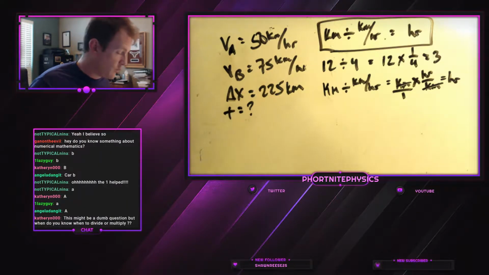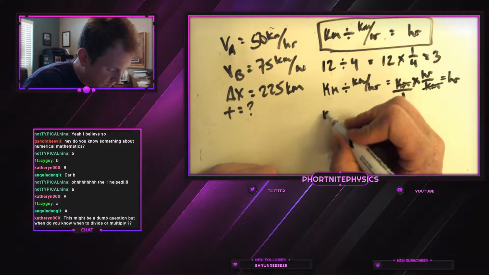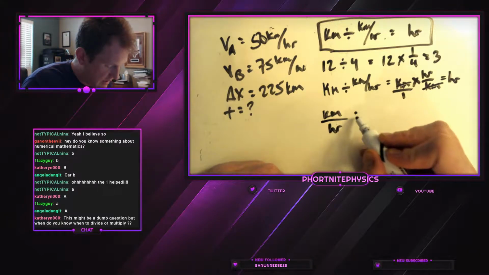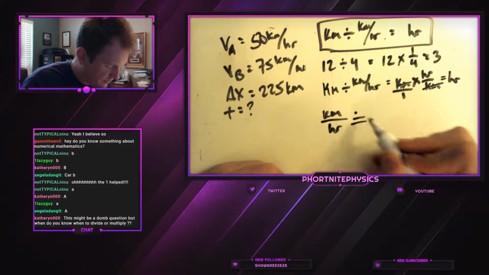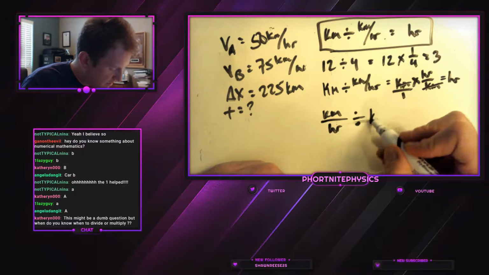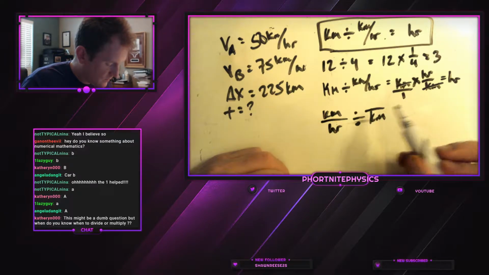Now, what happens if we do it the other way around? If we had kilometers per hour and then divided it by kilometers.